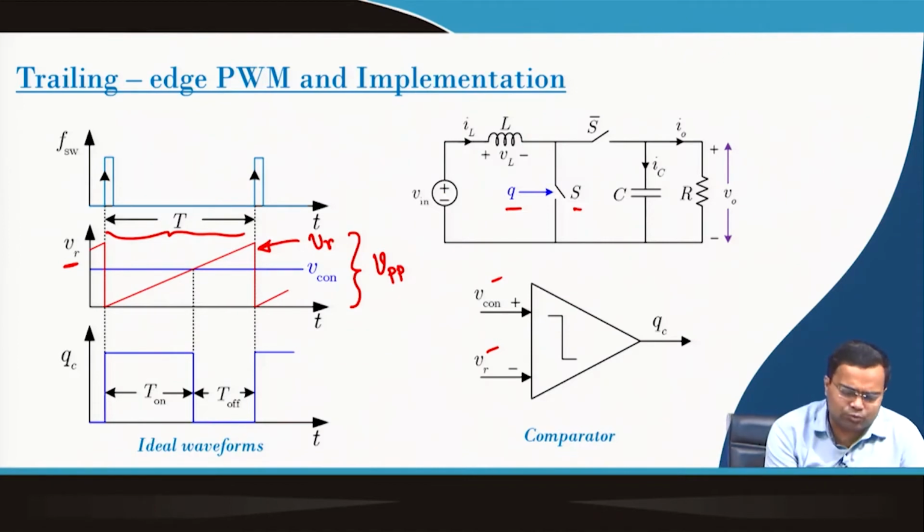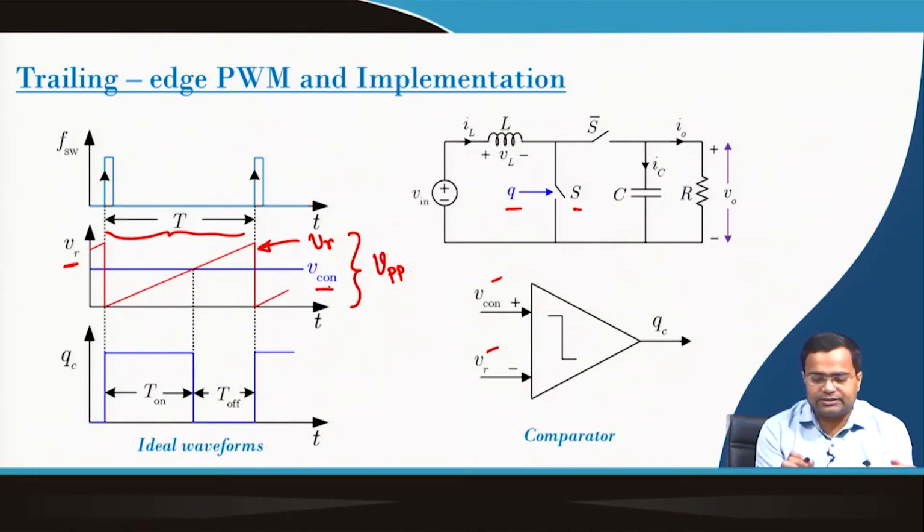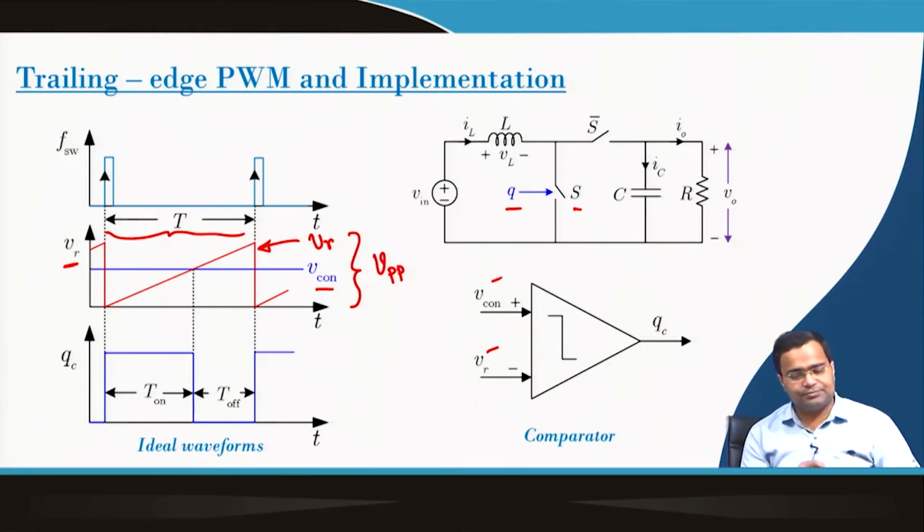As long as the control voltage Vcon is higher than the ramp signal, the red waveform, the comparator output will be high, and when it goes below, it will be low. By that way we can generate Ton and Toff.